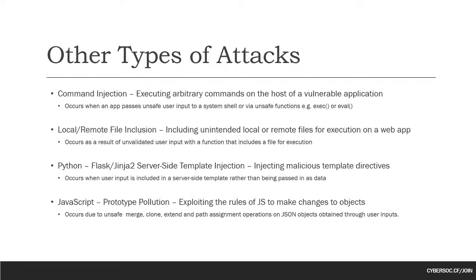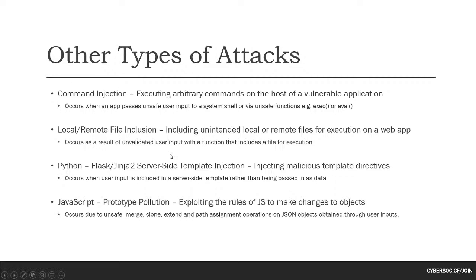This is executing a ping command a few layers down on the operating system or the system shell. If we can escape that standard command, we can execute our own. They occur mainly where an app passes unsafe user input to a system shell directly, or via well-known unsafe functions like exec or eval. I think they exist in Python, PHP, JavaScript, and a load of other languages.